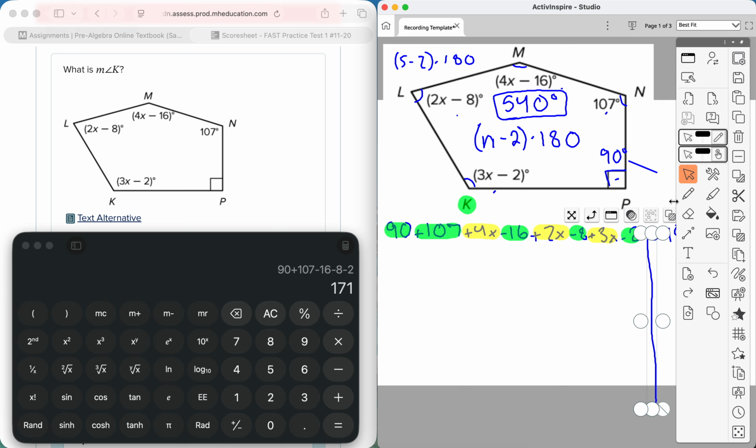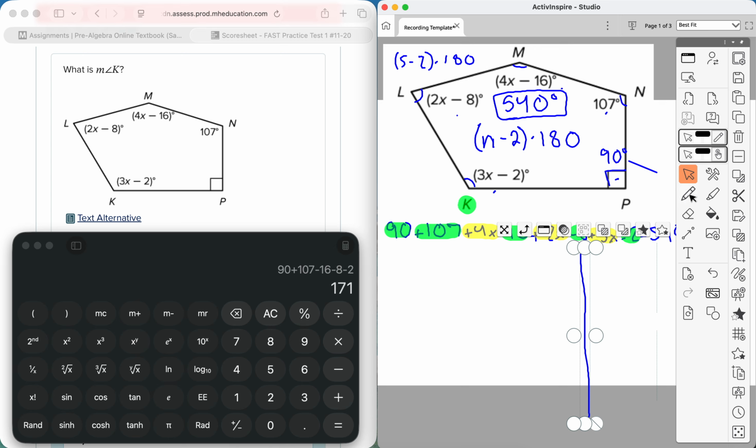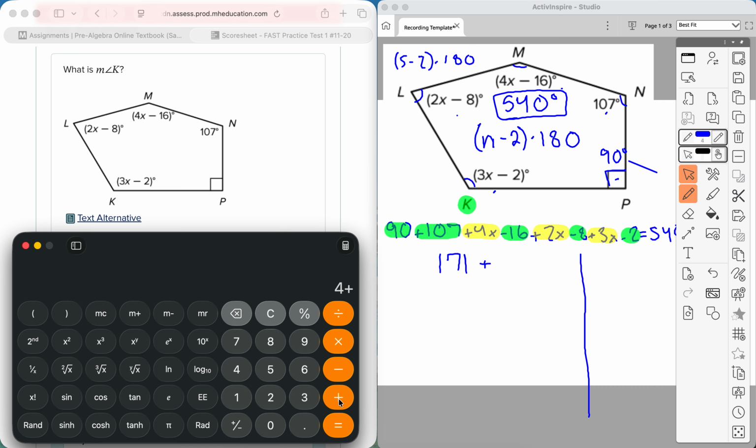I think I could move this over here a bit. So I'm running out of space over there. So I get 171 from the green terms. And now I add up the yellow terms: 4 plus 2 plus 3 gives me 9x.